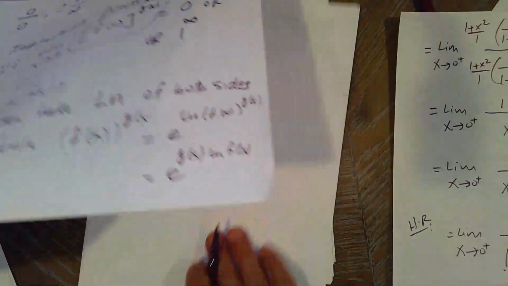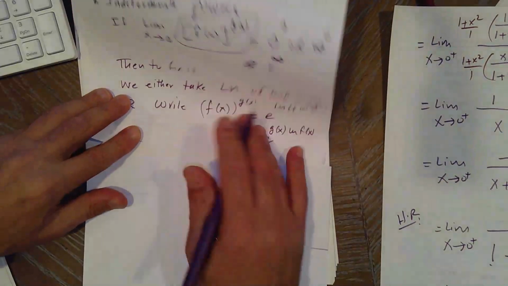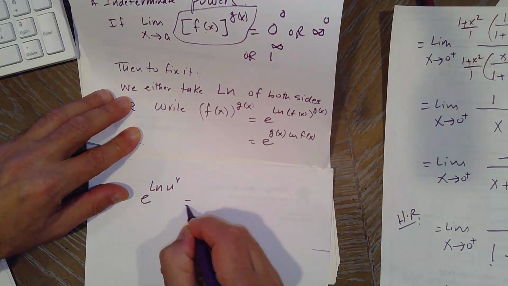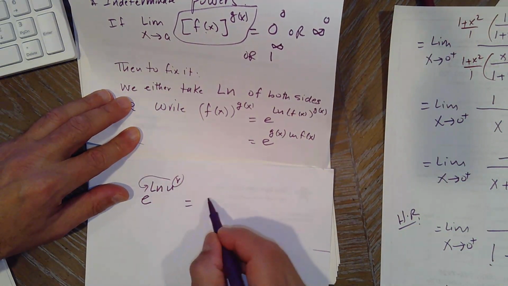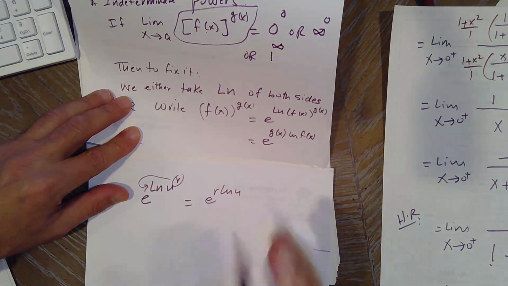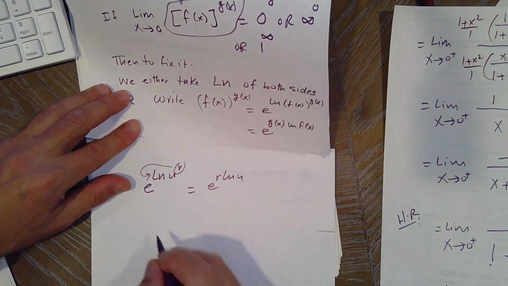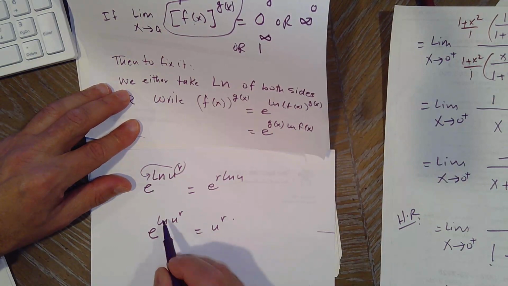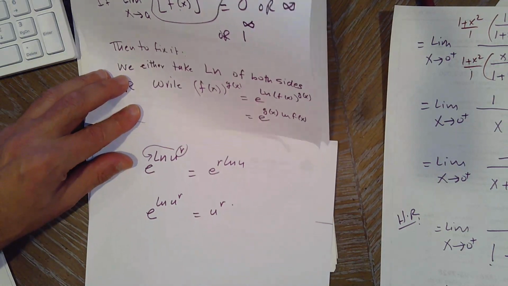Why is that? Because we know that e to the ln of u to the r equals e to the r ln of u, okay? And we also know that e to the ln u to the r equals u to the r, because e and ln cancel each other out. That's why we can do that.